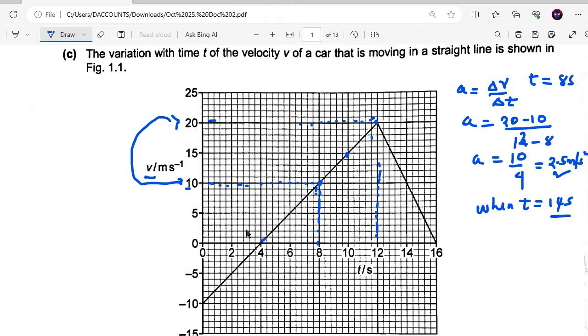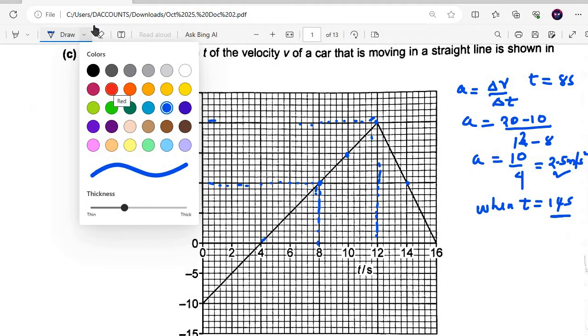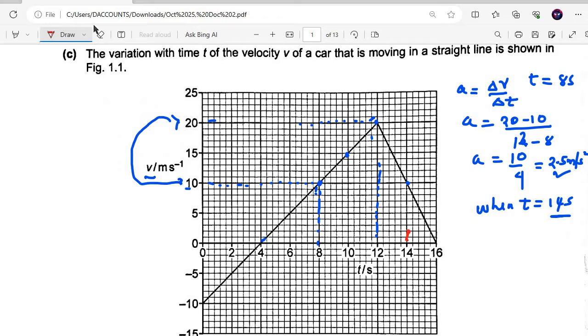At 14, the velocity is 10. Let me pick another point aside from 14. Let me also pick this, because from here down the straight line is easier.